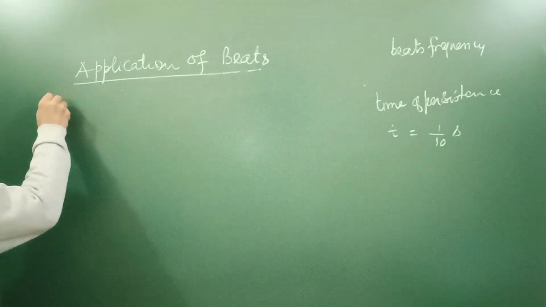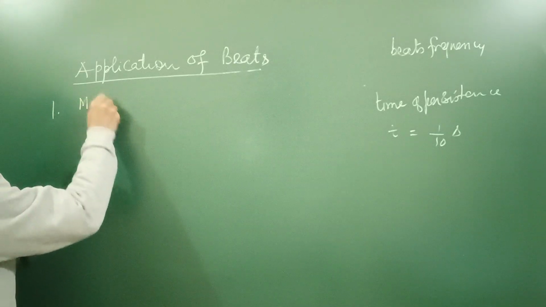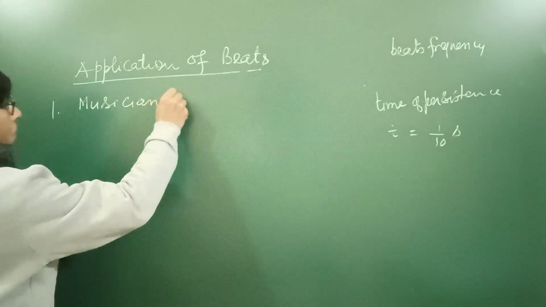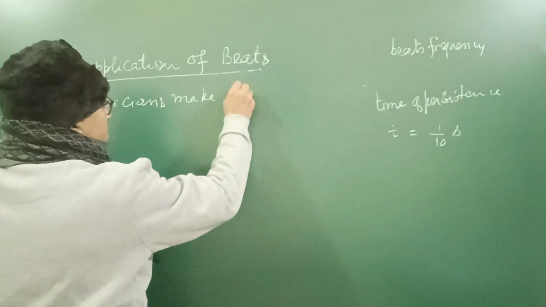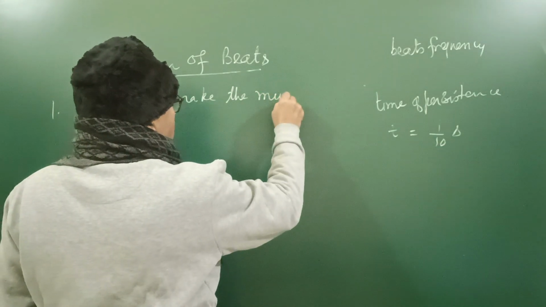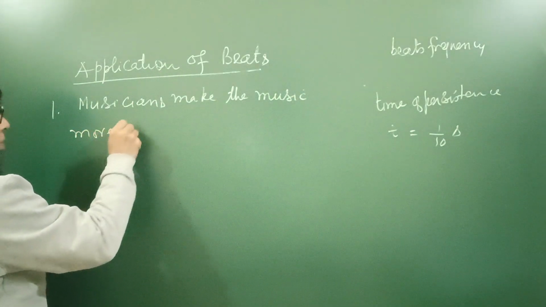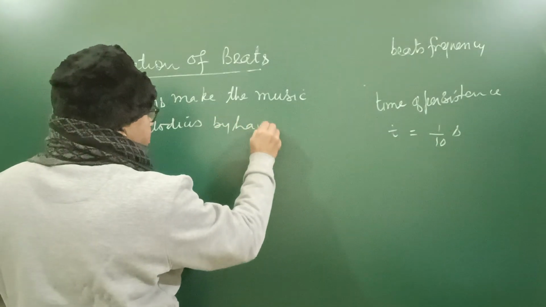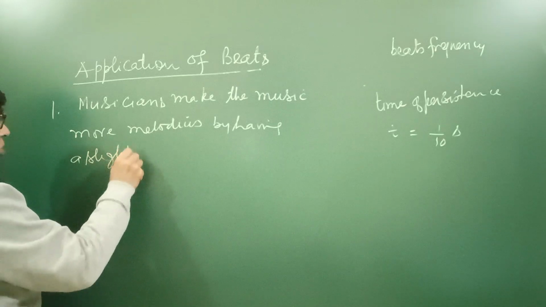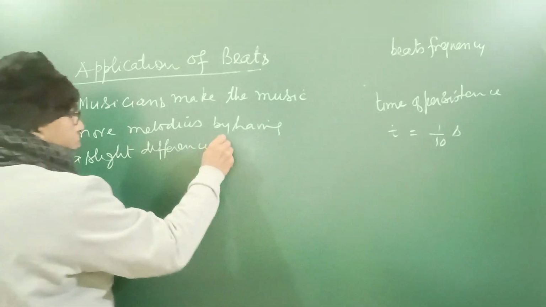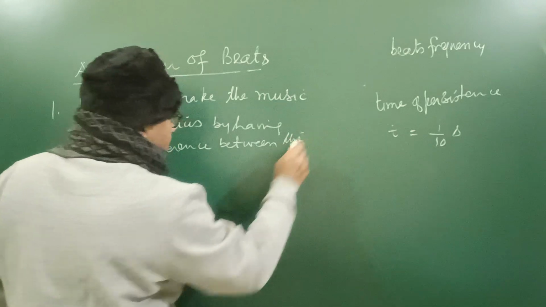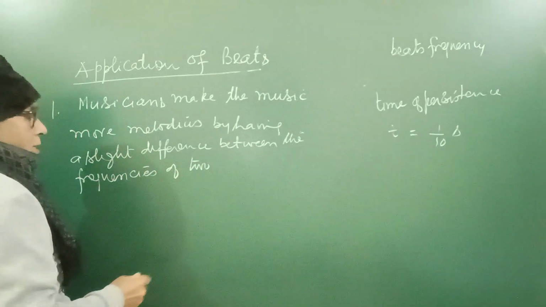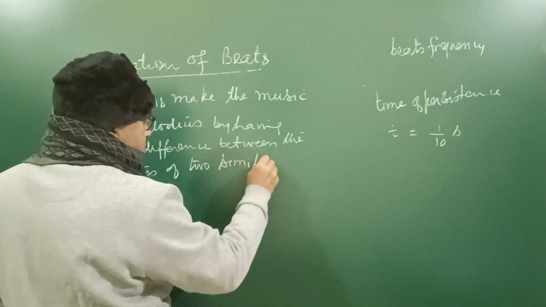Now, applications of beats. The first application is that musicians make their music more melodious by having a slight difference between the frequencies of two similar organs.